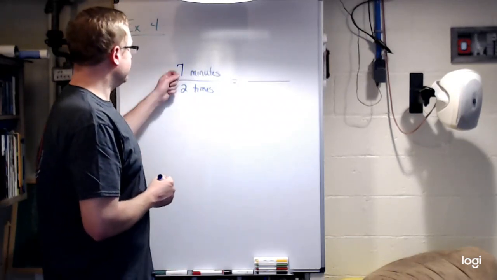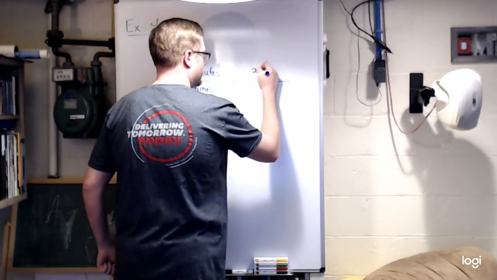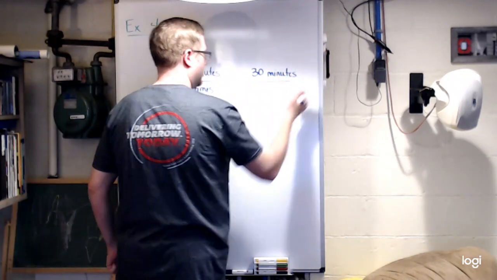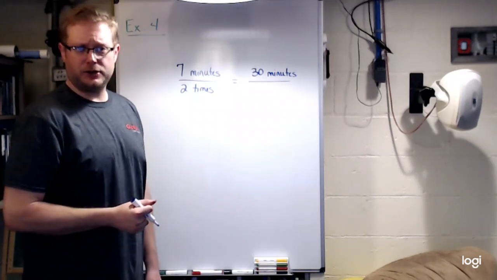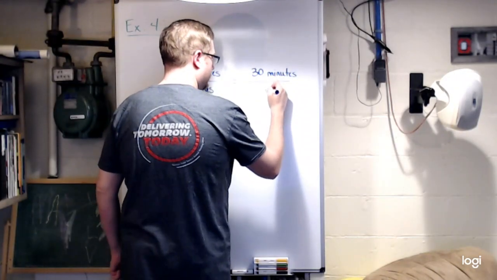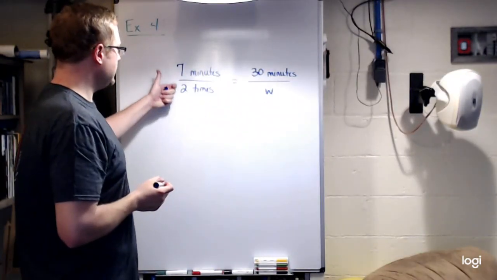The question is, at this rate, how many times can she walk around the track in a half hour? All right, so a half hour is 30 minutes. Our unknown in this case is how many times she can walk around the track. So I'll say W for walking, okay? So in 7 minutes, she can go 2 times.